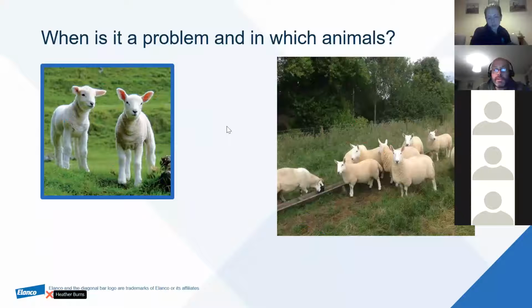Now the thing with sheep is they're really good at developing immunity to worms. I know I said that Haemonchus can actually kill adult sheep, but that's because they don't see it very often, so it takes them a while to develop their immunity.